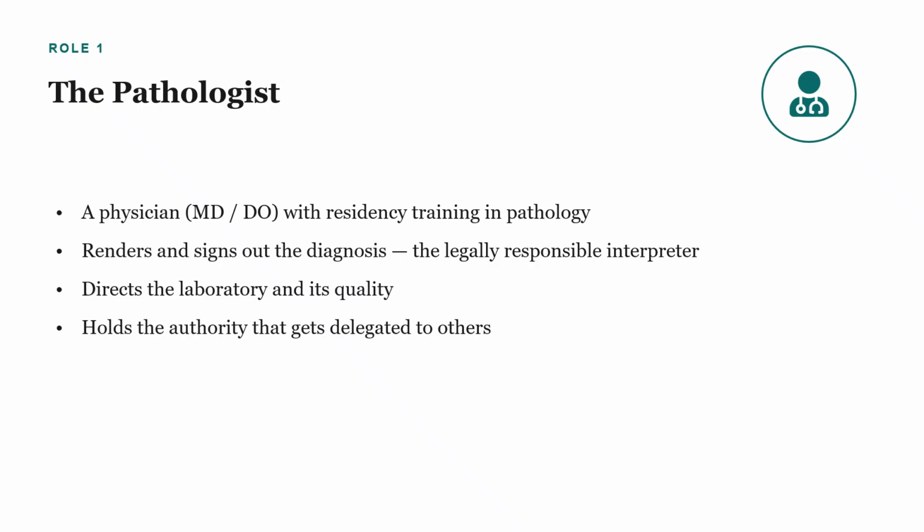Their central job is to render the diagnosis and sign out the case. And with that comes the legal and medical responsibility for the interpretation. When a report goes out with a diagnosis on it, the pathologist stands behind it. They also direct the laboratory and are ultimately accountable for its quality.